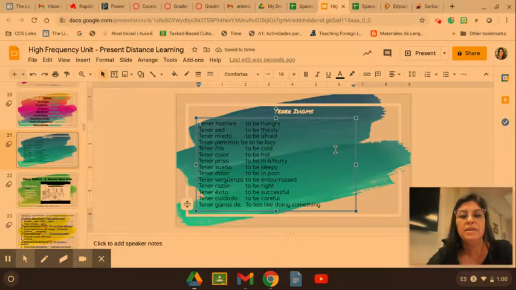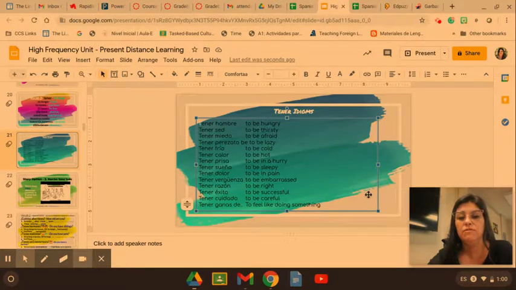Like tener hambre, tener sed, tener miedo, tener pereza, tener frío, tener calor, tener prisa, tener sueño, tener dolor, tener vergüenza, tener razón, tener éxito, tener cuidado, tener ganas de, which means to feel like doing something or to want to do something. So those are idioms. I'm sure there are more idioms there.